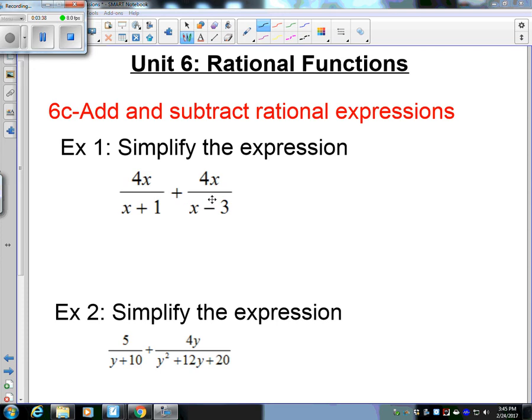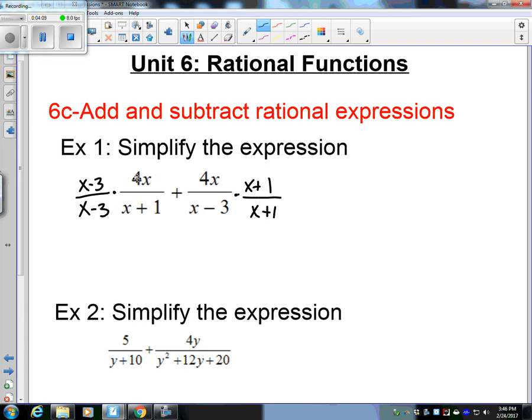Let's look at how we can get like denominators here. Well, the only way to get a like denominator is to take the second denominator and multiply the first fraction by it. This will give us x minus 3 and then x plus 1 as our denominators. And on the second fraction, let's multiply by the first fraction's denominator. This will give us like denominators.